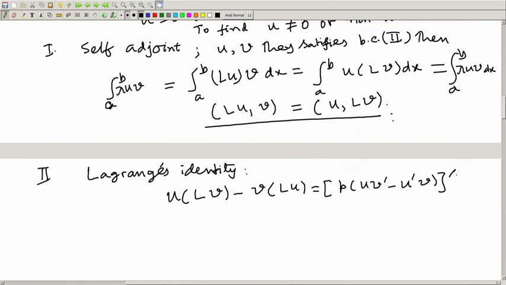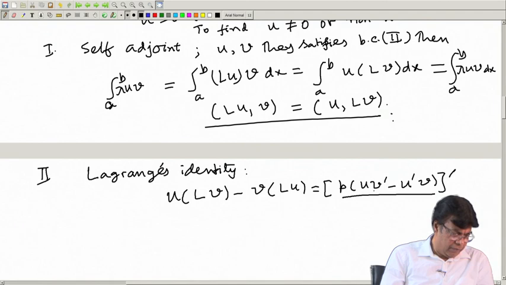In other words, if u and v satisfy the Sturm-Liouville problem, then this is a constant, because this side is 0.